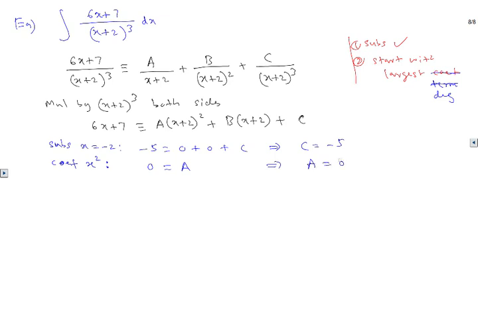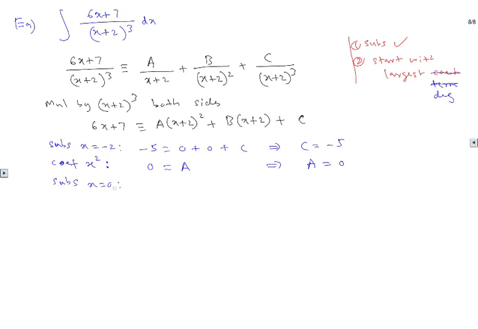Now we can also substitute any other value if you want. That's another way to do it. So I'm going to substitute x equal 0.